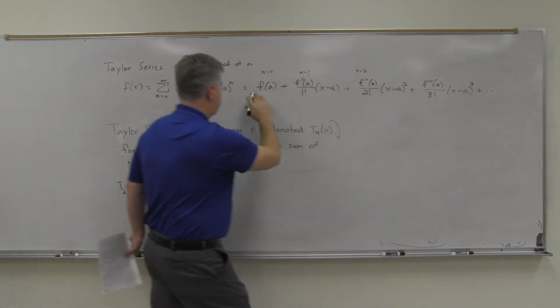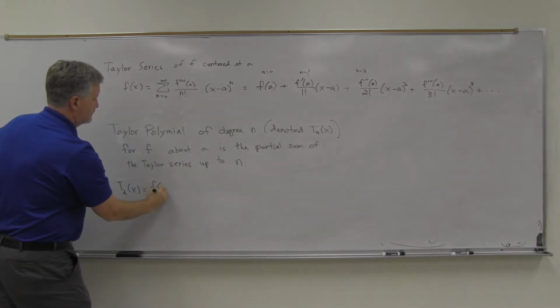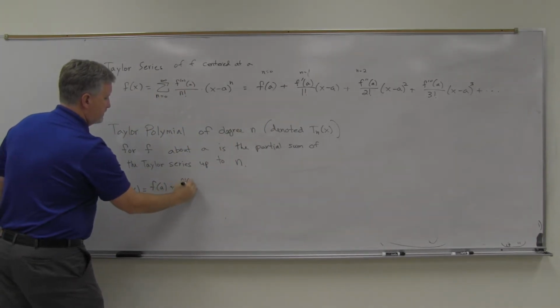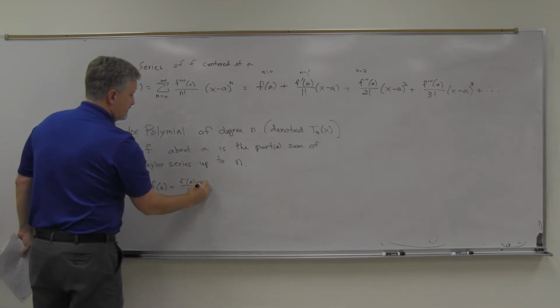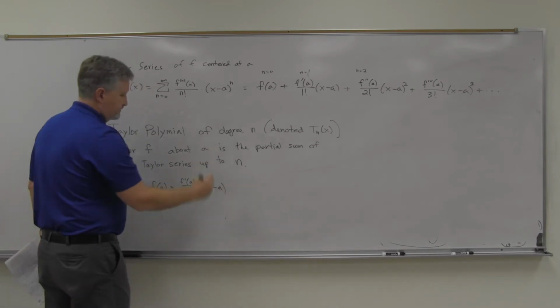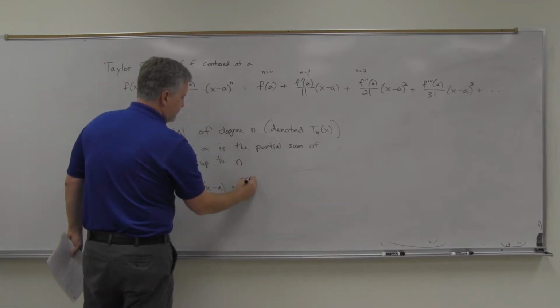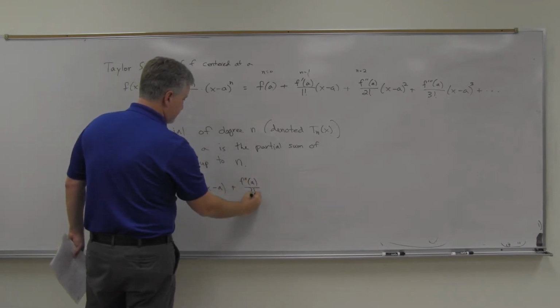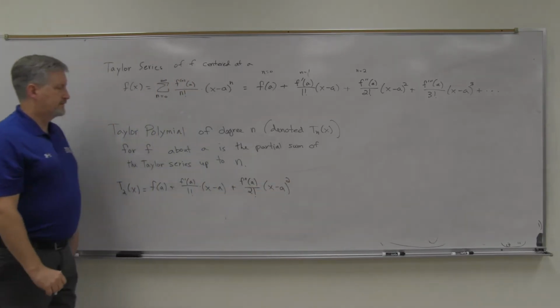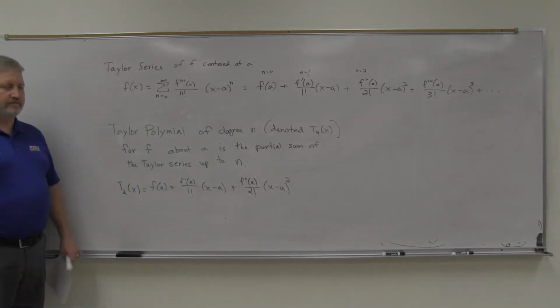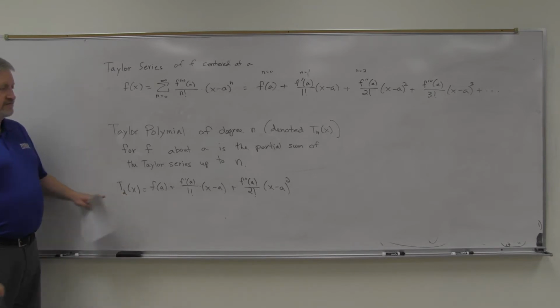So T2 of x is f of a plus f prime of a over 1 factorial times x minus a, plus then the second derivative at a divided by 2 factorial times x minus a squared. So just go up to that n bound. Call it a Taylor polynomial.